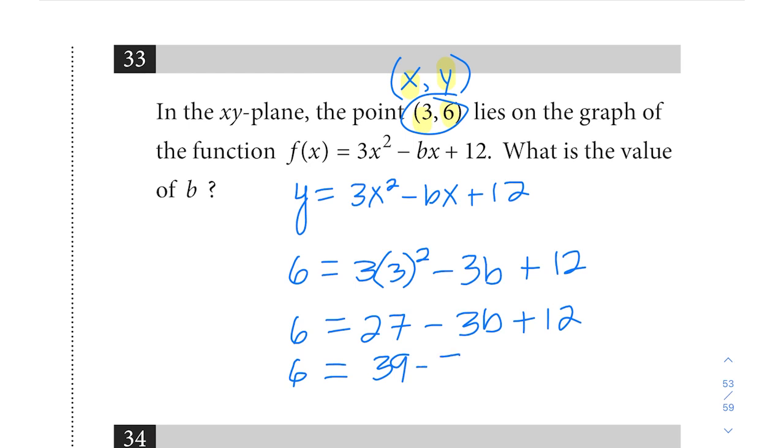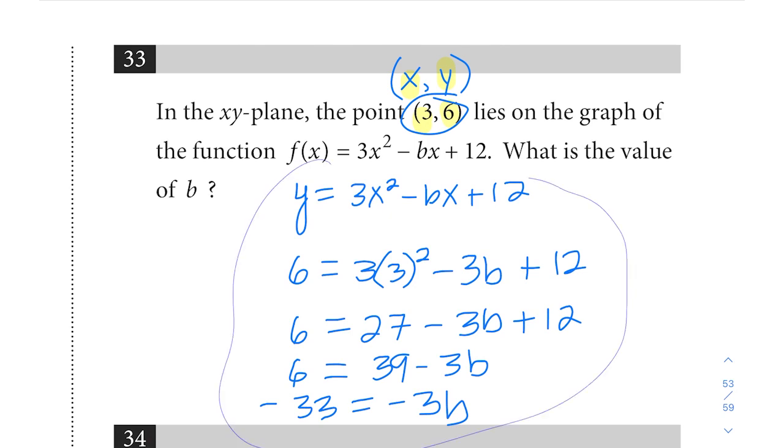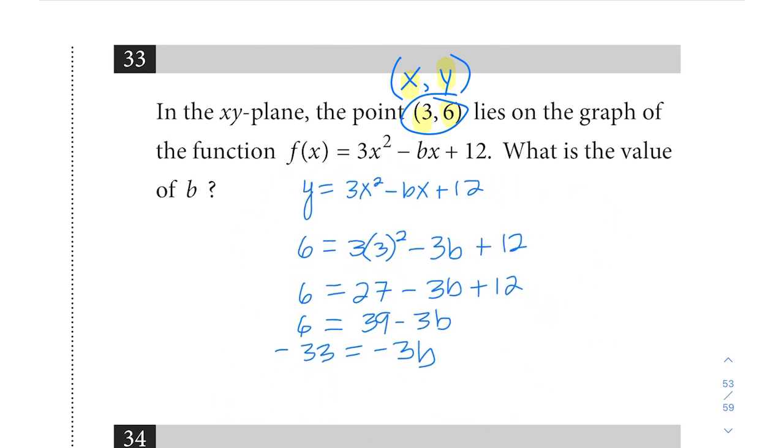That would be 6 equals 39 minus 3b when we combine like terms. Subtract 39 from the other side, that gives us a negative 33 equal to negative 3b. And in our last step here, we can divide by negative 3, and we get positive 11 as our value for b.